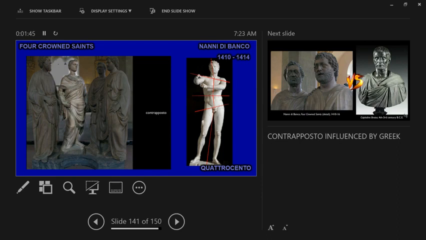The pose is a contrapposto pose, so that is an influence by the Greeks. And so I really want to emphasize how important it is in the Renaissance to be looking back at Greek and Roman art.